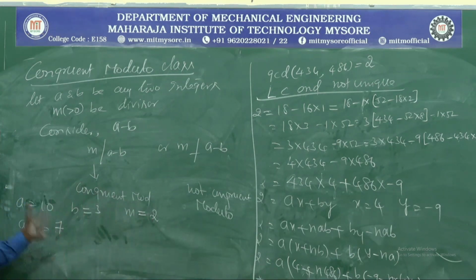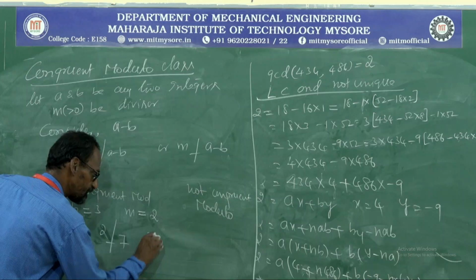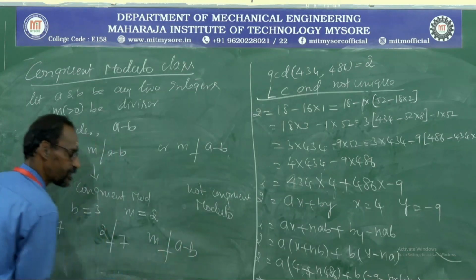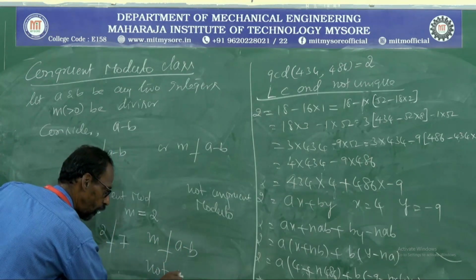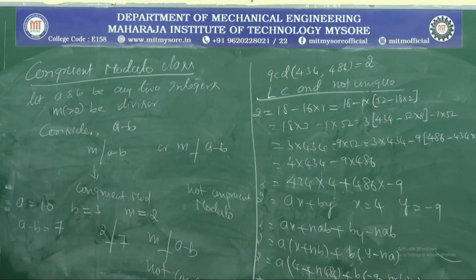Whether your M divides this answer or not. In this case, 2 does not divide 7. That is, M does not divide A minus B. Not congruent. The name congruent is very scary, but not at all scary if you understand in a very systematic way.